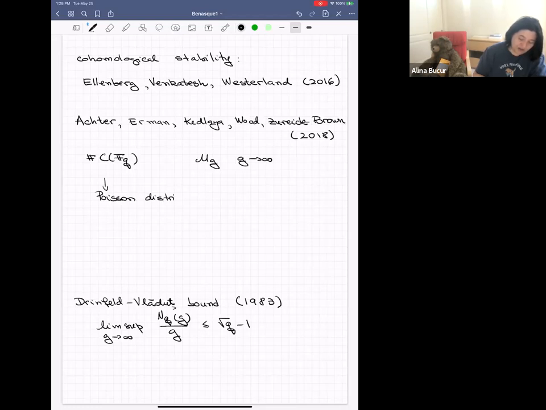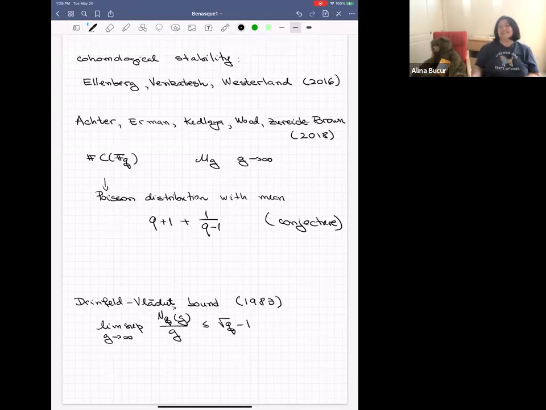So this is conjectural, like assuming certain things about cohomological stability hold, namely that cohomological stability kicks in early enough for this to work. Poisson distribution with mean (q+1)/(q-1). And I should say that this is a conjecture.